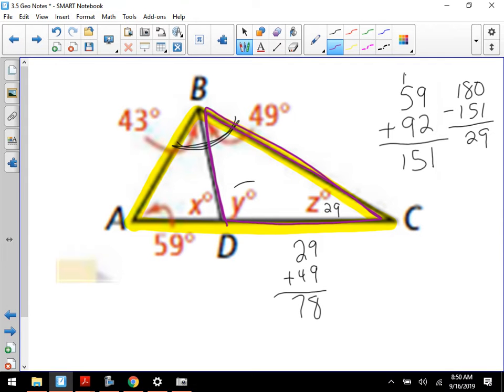That means how many degrees are left to get your Y? So you take the 180, and you back out the 78, very good. And you're left with 112. Make sure that you did this correctly, because if you go to the other one then, we're at 43.59 and something.